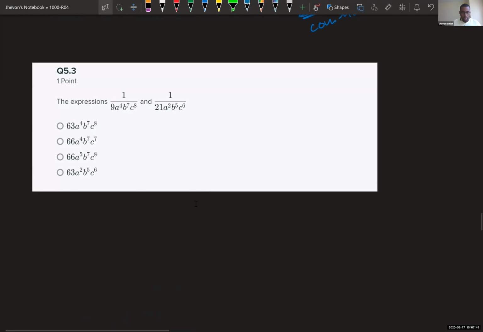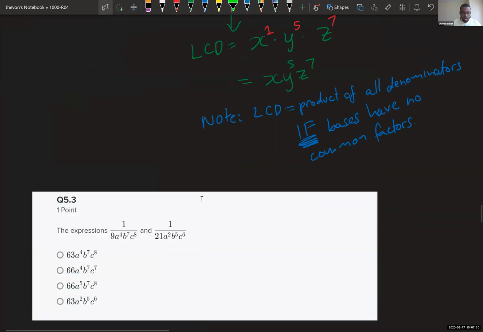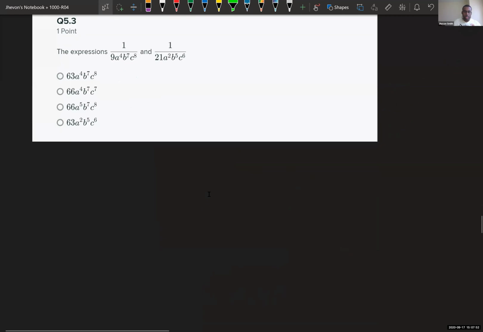Okay, so here's 5.3. Someone walk me through this. Let's see if we're getting what I was saying earlier. How do we figure out the LCD for these two fractions? You find the LCD of 9 and 21.